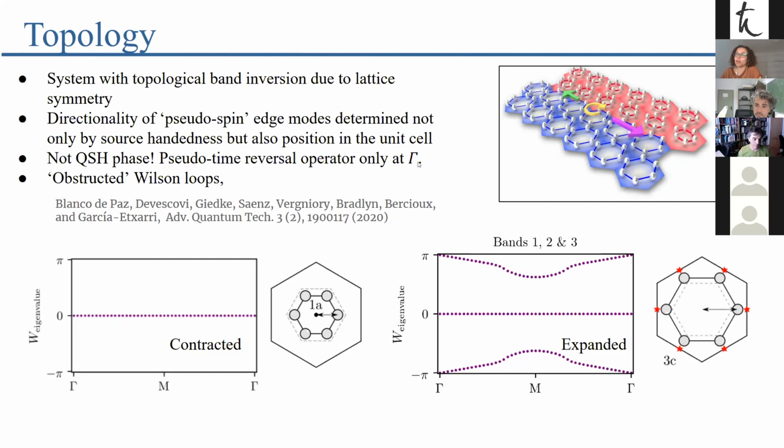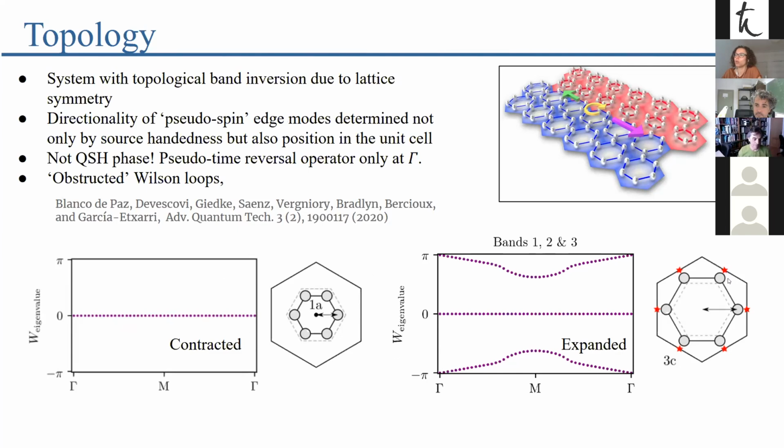So in fact, there wasn't a proper first principle calculation of the topological invariant of this topological phase before this calculation by the team of Dario Varsuga and Itzol Garcia-Etxarri from DIPC, who calculated the Wilson loops for this kind of structures.